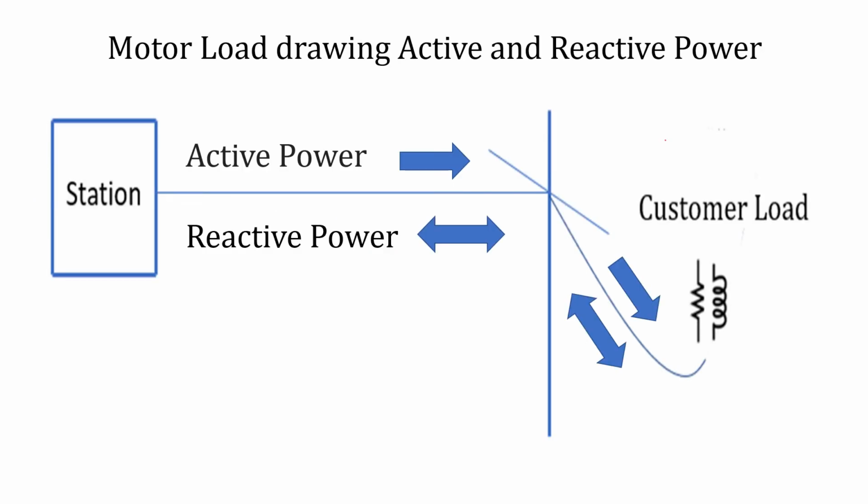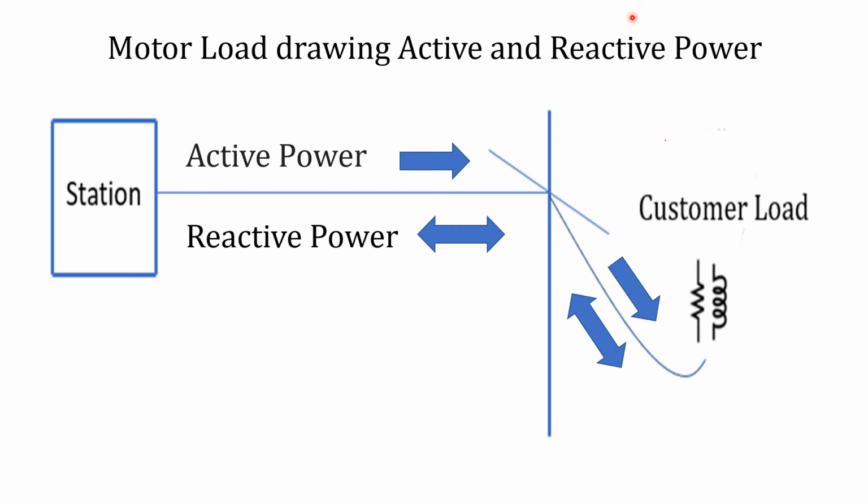Now let's look at our customer with the elevator motor load. To simplify our comparison with our water heater customer, we'll say that the motor is drawing the same amount of active power as the water heater, and also that same amount of reactive power too.